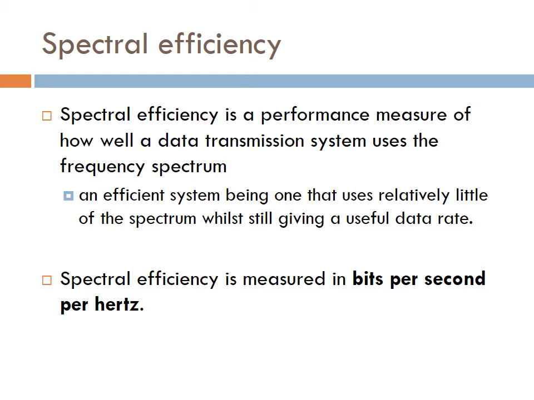Spectral efficiency is measured in bits per second per hertz. So the higher the number of bits per second per hertz, the higher the spectral efficiency, the more efficient the usage of spectrum.